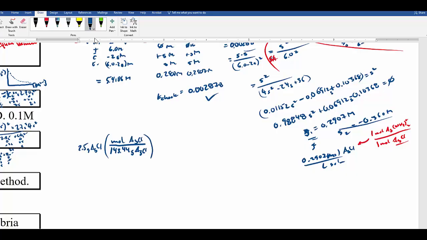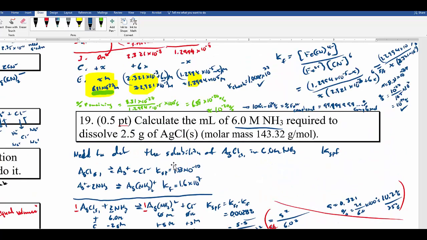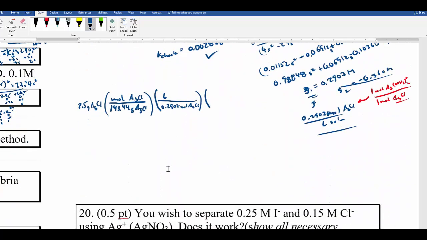So I have the molar solubility here. And so this is going to be a liter per 0.2907 moles. All that solution is coming from the 6 molar. So what are they asking for here? Milliliters? Milliliters. Liter of solution.